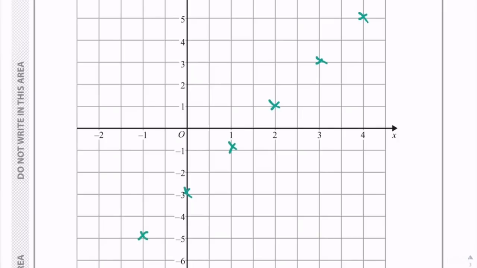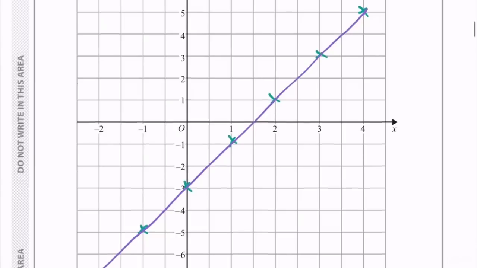There we go, and then nice and neatly with a ruler and a pencil, joining that up with a nice straight line. There we go, moving on to the next question.